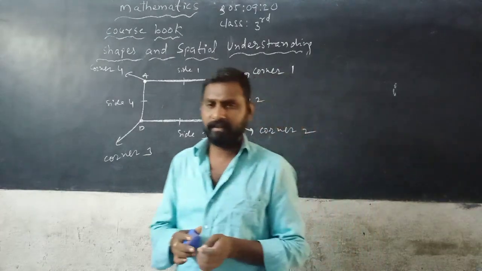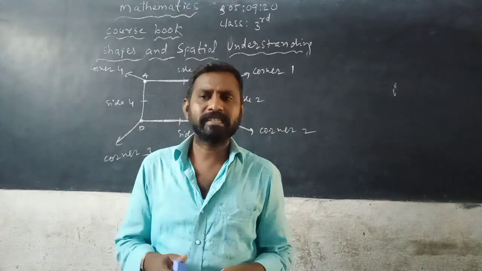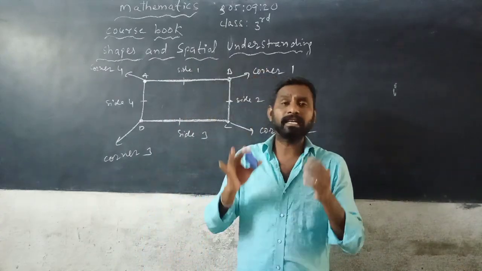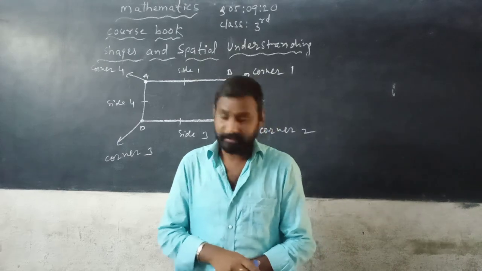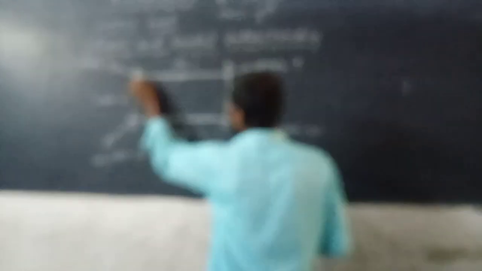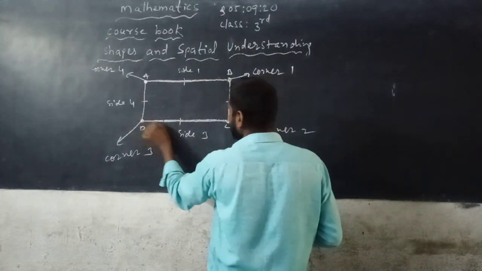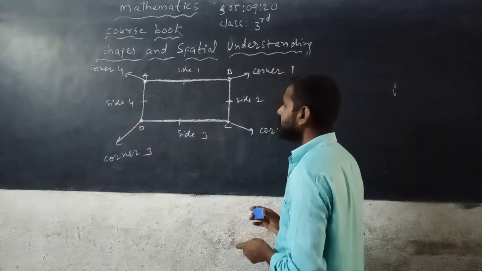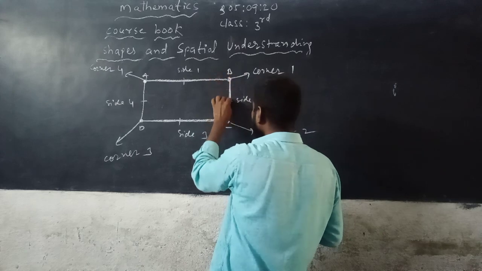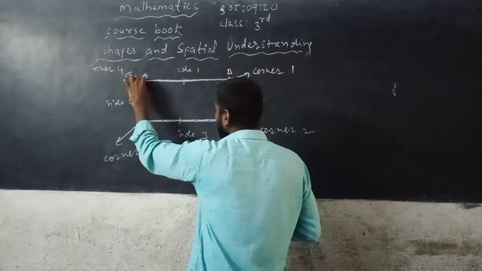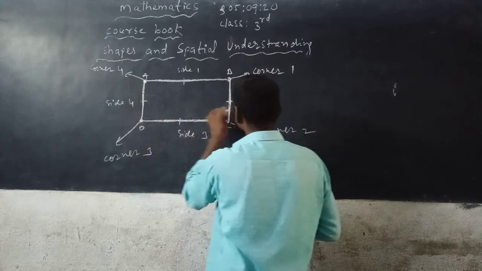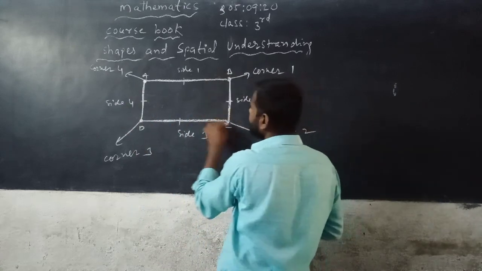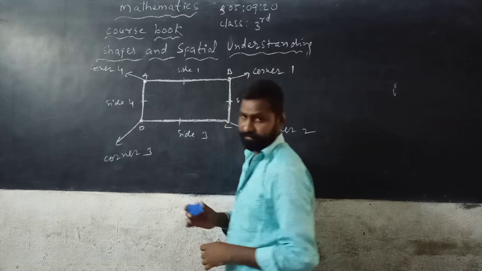According to the definition, in a rectangle, opposite sides are equal in length. See here, side 1 is equal to side 3, so AB is equal to DC, as well as side 2 opposite to side 4. Side 2 is equal to side 4, then BC is equal to AD.